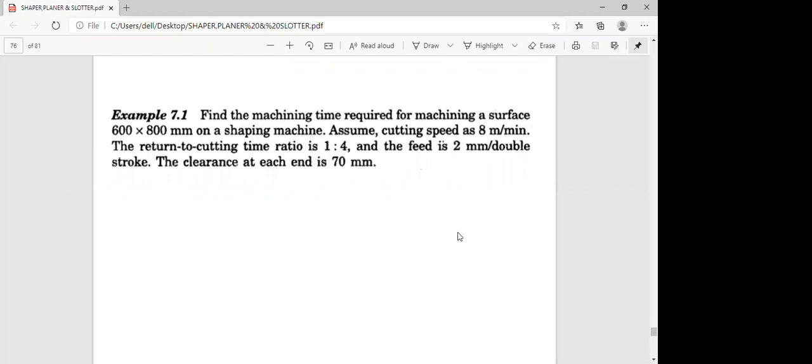Find the machining time required for machining a surface 600 by 800 mm on a shaping machine. So just try to see, L into length, into width. Assume cutting speed V is 8 meters per minute. Sometimes this particular ratio is given to fool the students, but you have to take that as the ratio of return to cutting time every time.